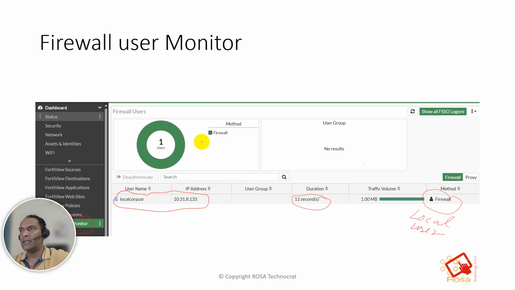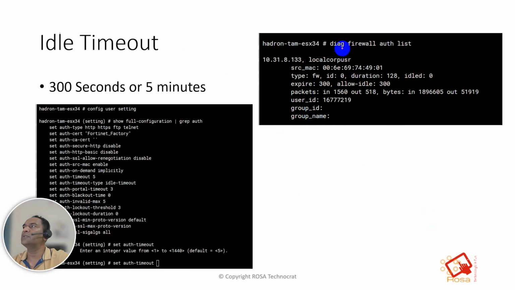The same details that you see under firewall user monitor can be seen using the CLI command diag firewall auth list, where you get the IP address and the username, the source MAC he has connected with, type of user, and expiry. So this is the timeout, how long this authentication is valid.